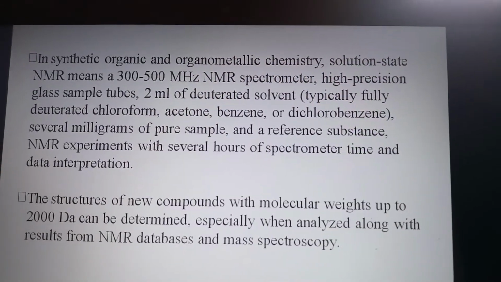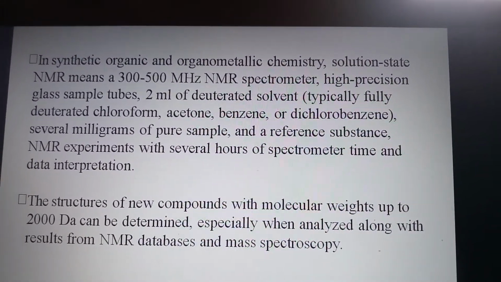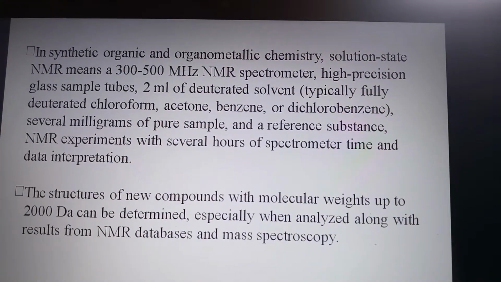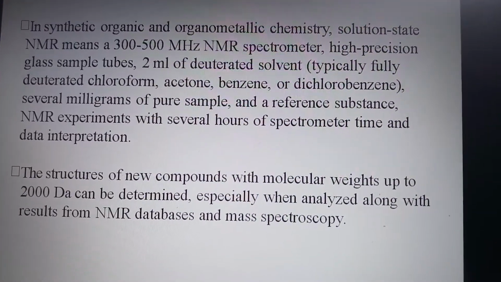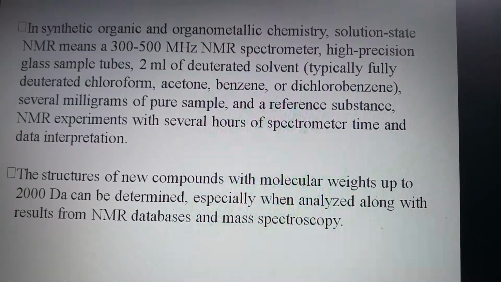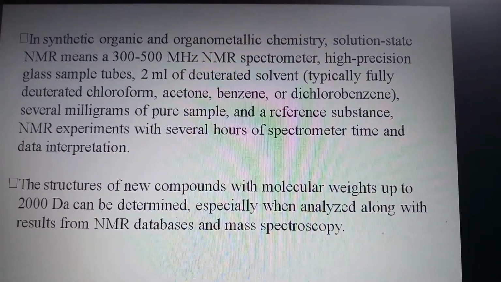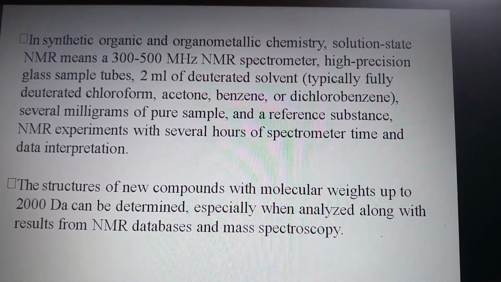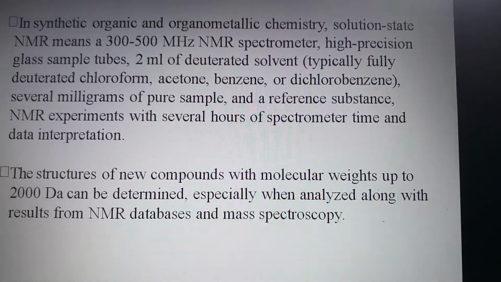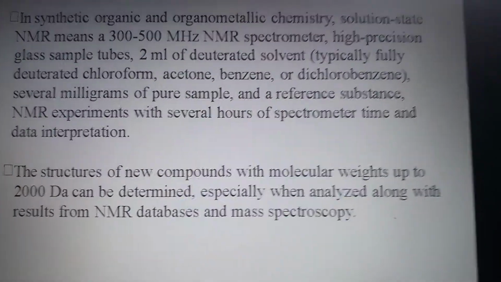Several milligrams of pure sample, mind that it should be pure, and a reference substance are needed, with NMR experiments taking several hours of spectrometer time and data interpretation. The structures of new compounds with molecular weights up to 2000 Dalton can be determined, especially when analyzed along with results from NMR databases and mass spectroscopy. We can identify from mass spectroscopy the probable mass of the compound and different types of proton and carbons from the NMR database.